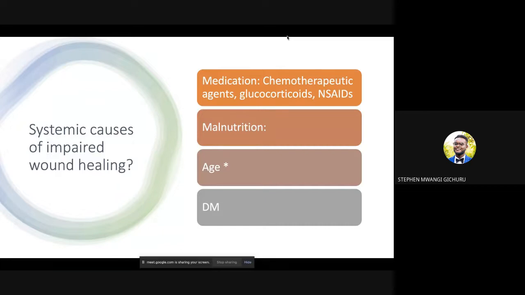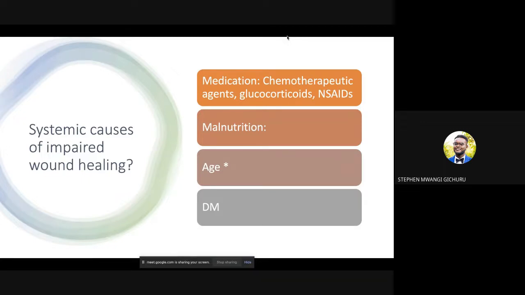I remember Salim talked about medication, malnutrition, aging. Well, she didn't talk about aging, but she talked about diabetes. I think diabetes is a whole topic. We can even sit here and discuss diabetes for a while. That is something you need to understand very well. Patients with diabetes will become your major problem, especially when you go to the Mashinani hospitals.